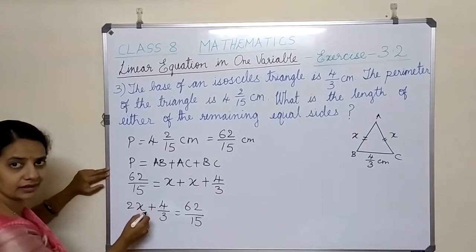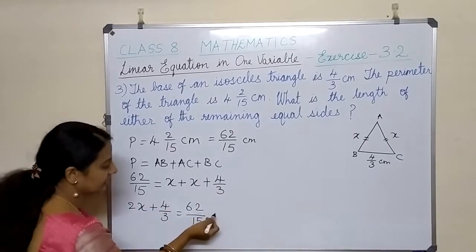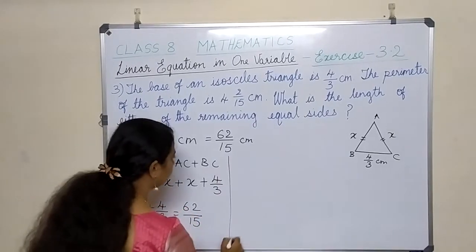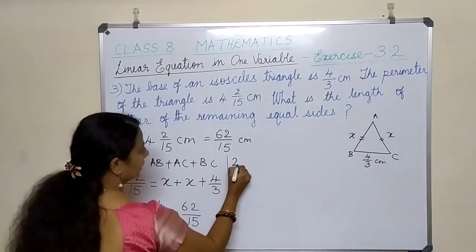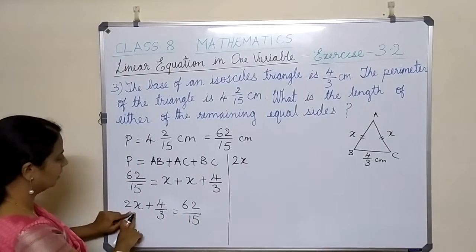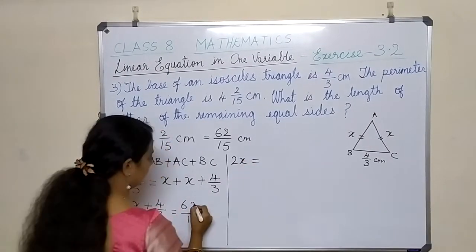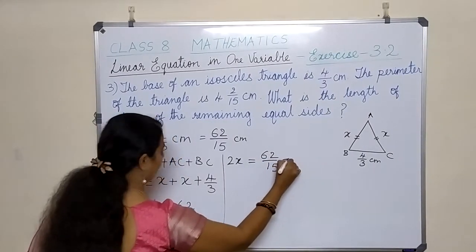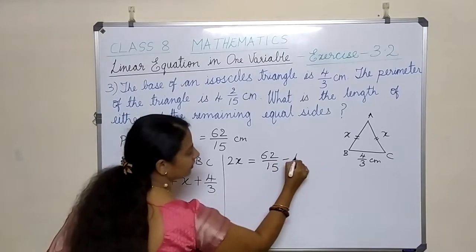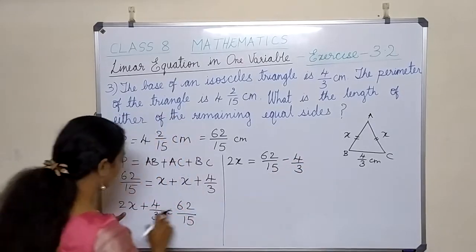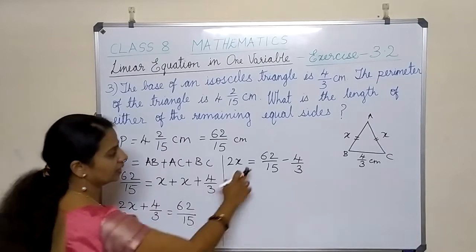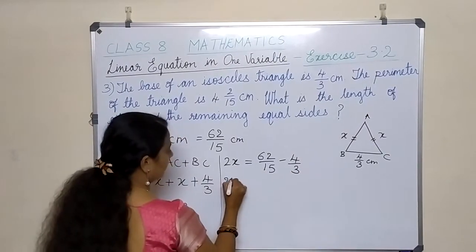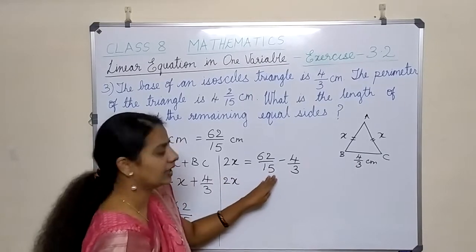This has a plus sign, so when it goes to the other side, it becomes minus. So 2x, written as it is, is equal to 62 by 15 minus 4 by 3. I have transferred this 4 by 3 to the other side of the equation.